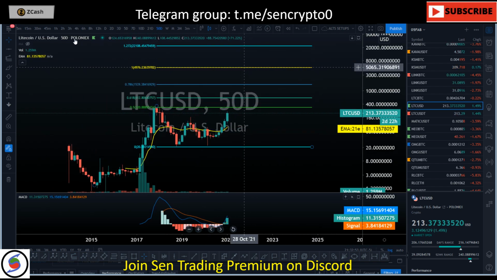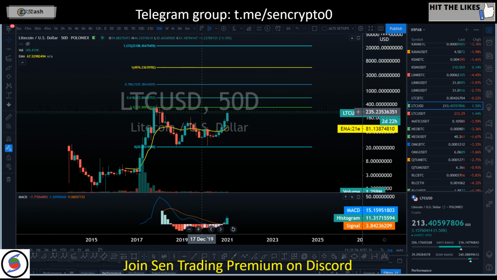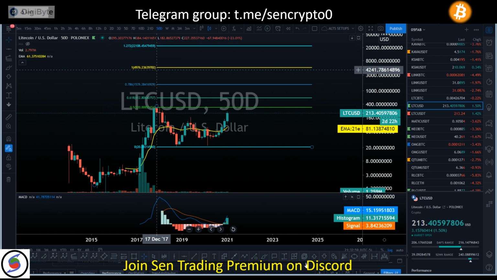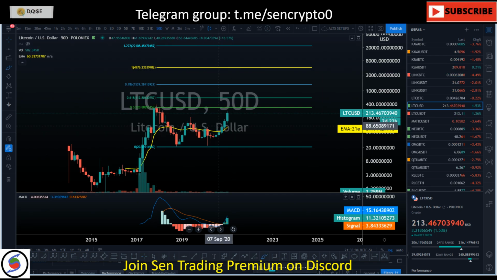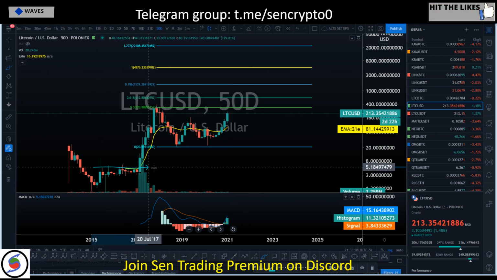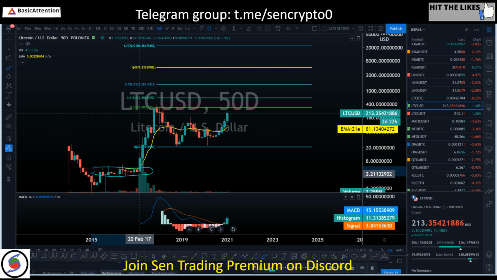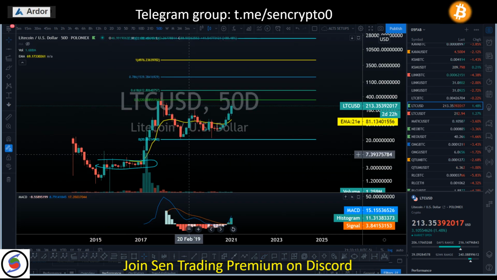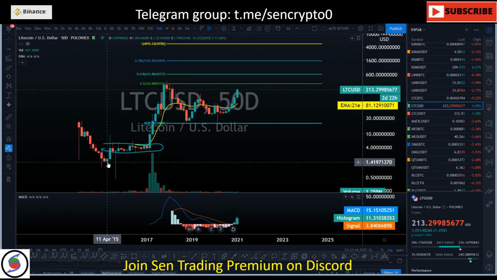If you want to use the Poloniex chart, we could be looking for up to 5,000, but as of now I'm just going to stick to the Coinbase chart and look for this accumulation range, because the bull market really started from $3.50, not $1.50.